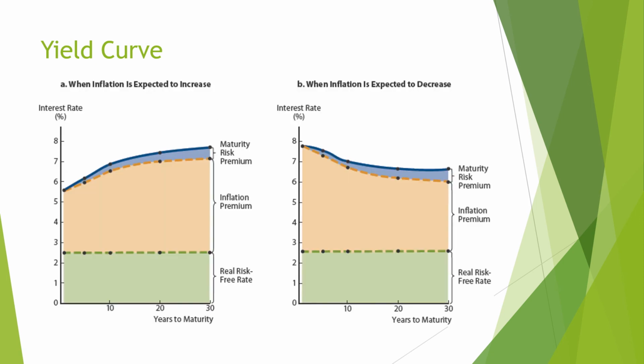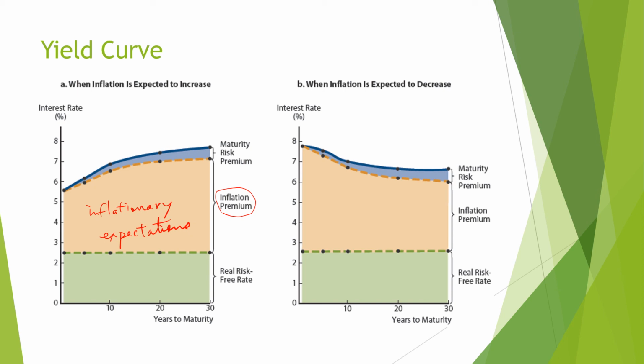Let's see why yield curves look like that. An upward sloping yield curve is because the inflation premium is increasing. That means people have inflationary expectations. That means people expect the price level will go up in the future.